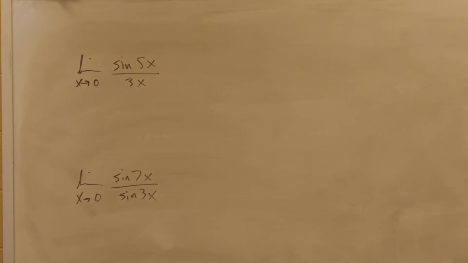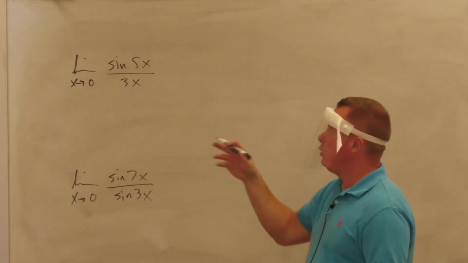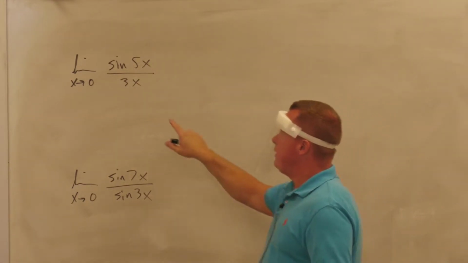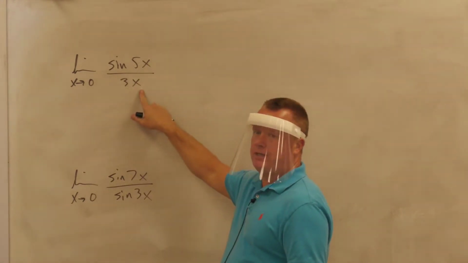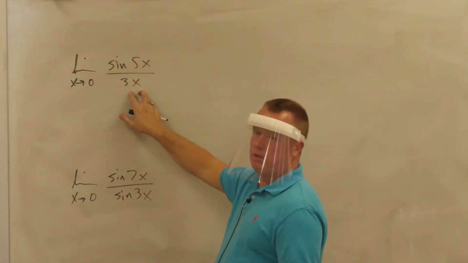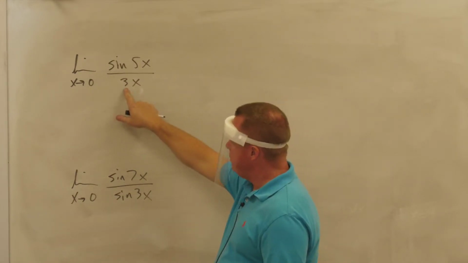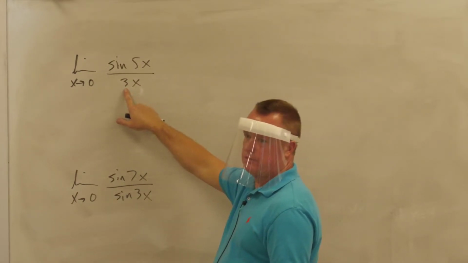Now again, notice you've got sine 5x on the top, but you've got 3x on the bottom. So the only time that you can use that and know what the limit is is if you had a 5x on the bottom. So all you have to do is manipulate it so that you have a 5x on the bottom. So what can I multiply 3 by to get 5?